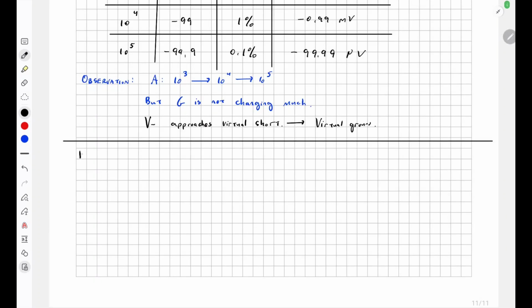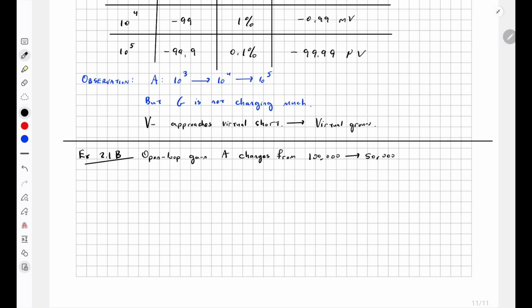Problem 2.5, oh sorry, 2.1b. So we had solved for A, now let's go to part B. It says open loop gain A changes from 100,000 to 50,000.